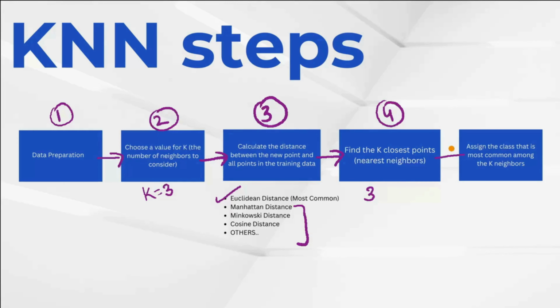Once I know the 3 shortest distances, if out of these 3 students, student 1 is part of the basketball club, student 2 is part of the football club, and student 3 is again part of the basketball club, then I will consider basketball club as the classification, and I will say that I'm going to join the basketball club. So this is my step 5. These are the steps that we have to perform whenever we run the KNN algorithm.